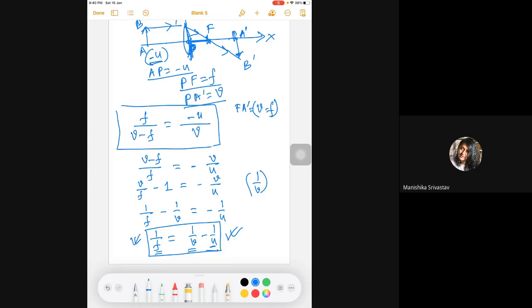Ujjwal sir, are you here? Yes. Okay. So now I request them to go to Konar classes and maybe solve some numericals from the practice test, not now, but as a home task for them. Absolutely. The best way is that there are DPPs, daily practice problems.